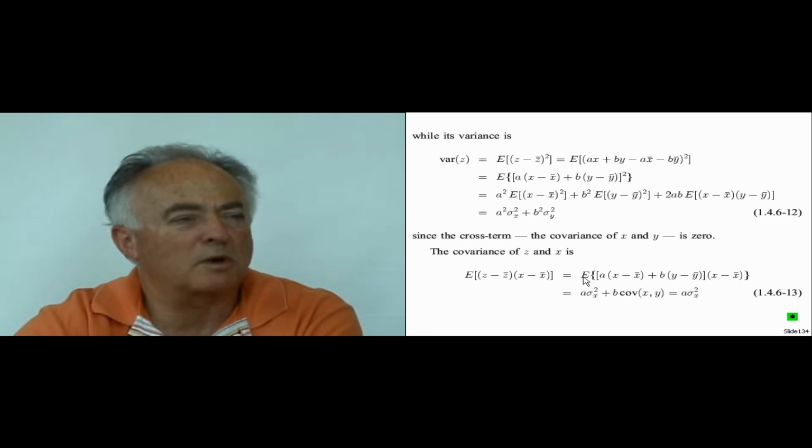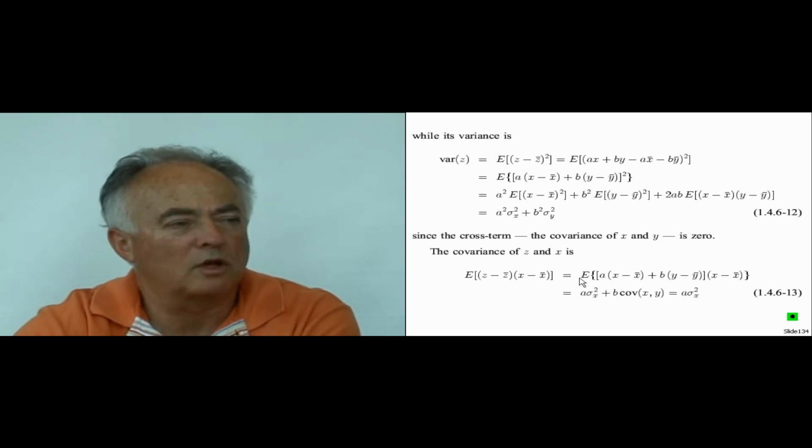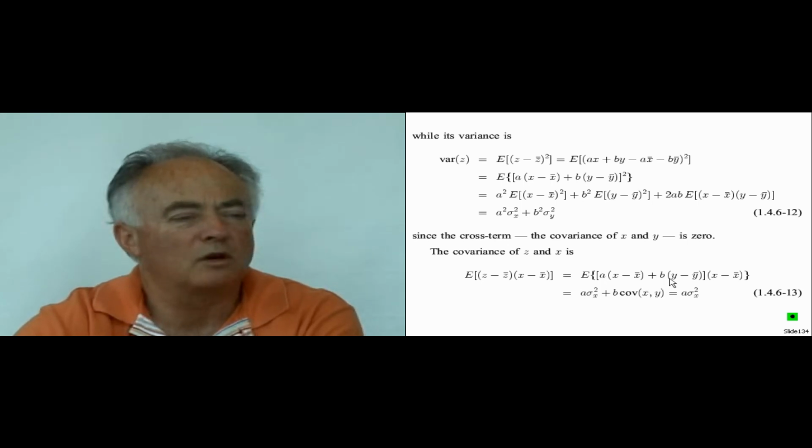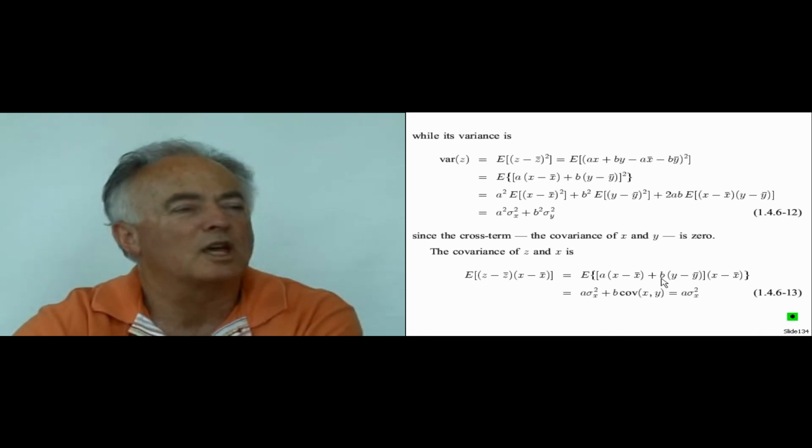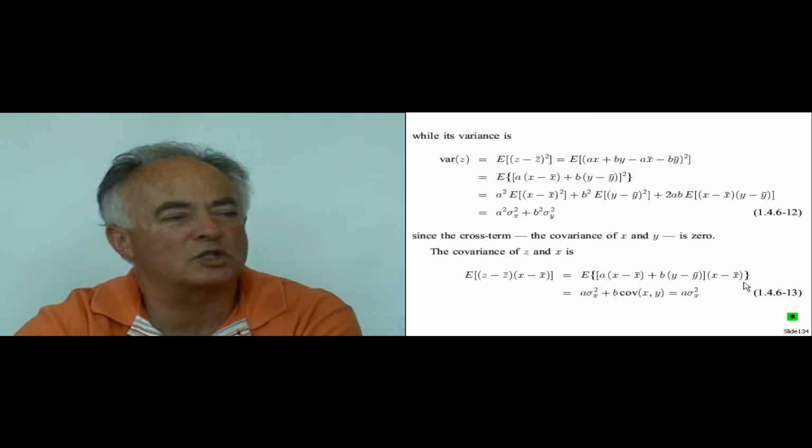Here's an x minus x bar, another x minus x bar, this a comes out, and the result of the expectation is going to be a sigma x squared, plus another term, where b again comes out from inside the expectation operation, and we have the expected value of (y minus y bar)(x minus x bar), which is the covariance of x and y, multiplied by b. But we said it's 0, so the result is just a sigma x squared.